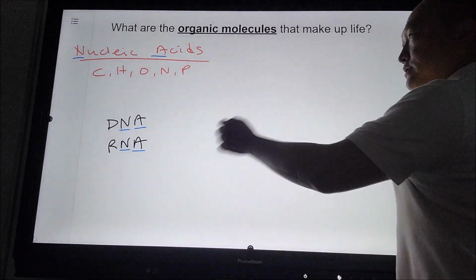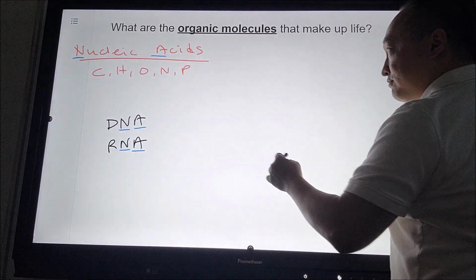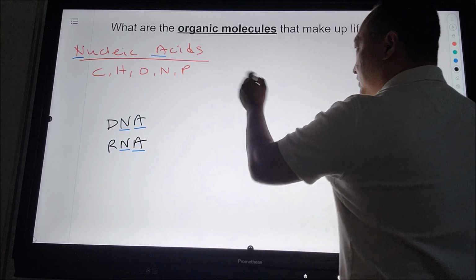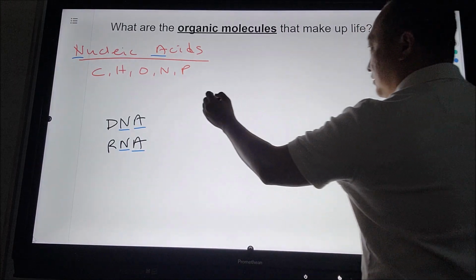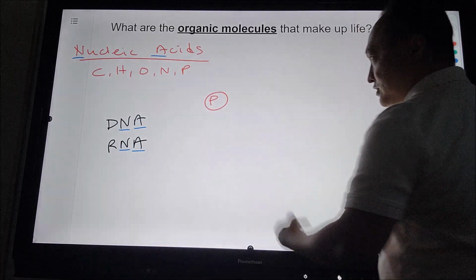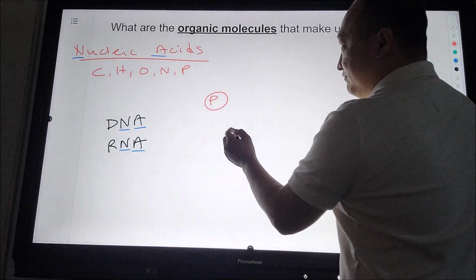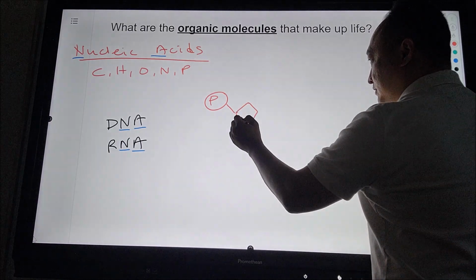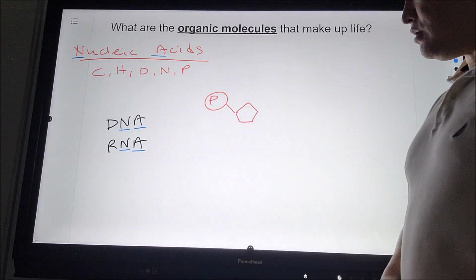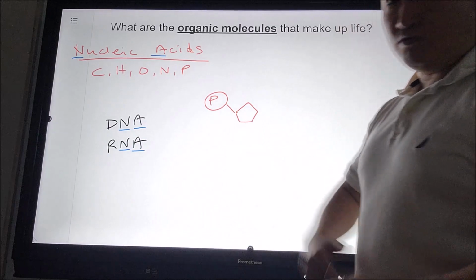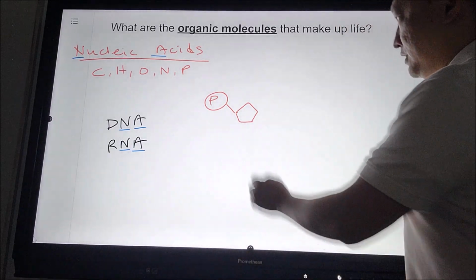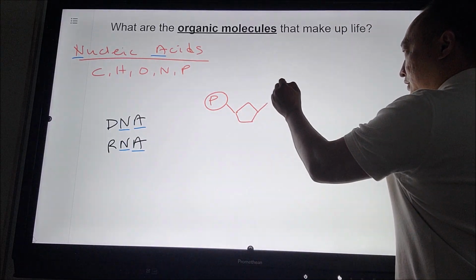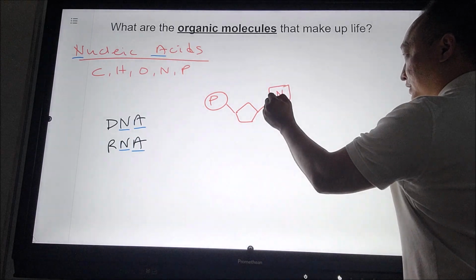All right, so nucleic acids are made up of monomers, and the way we would draw that is a circle with a P, that's your phosphate group, your phosphorus, and then you have a 5-sided sugar, that's called your ribose, and then you have another group that has nitrogen in it.